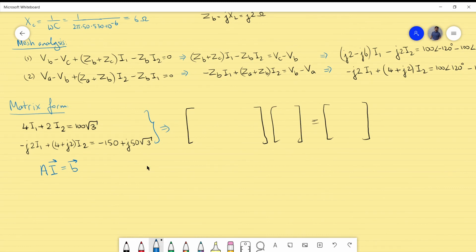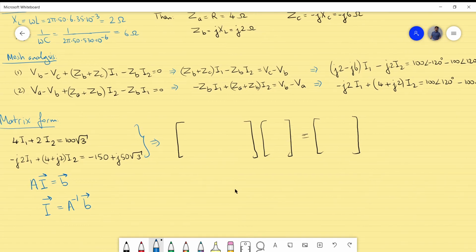Using this analysis, I would like to calculate the vector I, which is of course I1 and I2. I can use the inverse of the matrix A, and I have directly the values for I1 and I2.